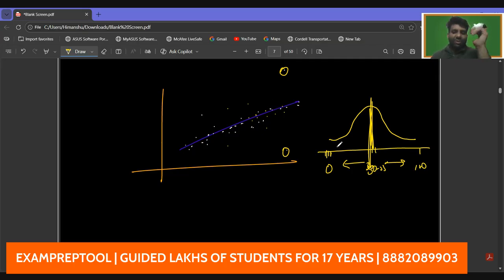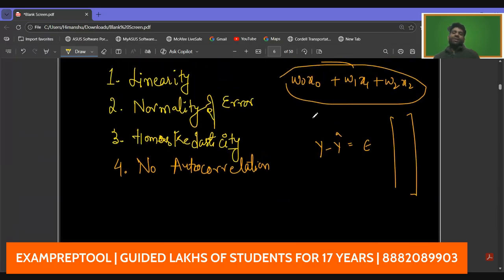Okay, so if I plot the distribution, I'll be finding a range where I would say that, okay, this is most of the time my significant error. Less than that, I'll have very few chances of getting this error, and more than that also I have very little chance that that is going to be my error. Okay, that is normality of error.